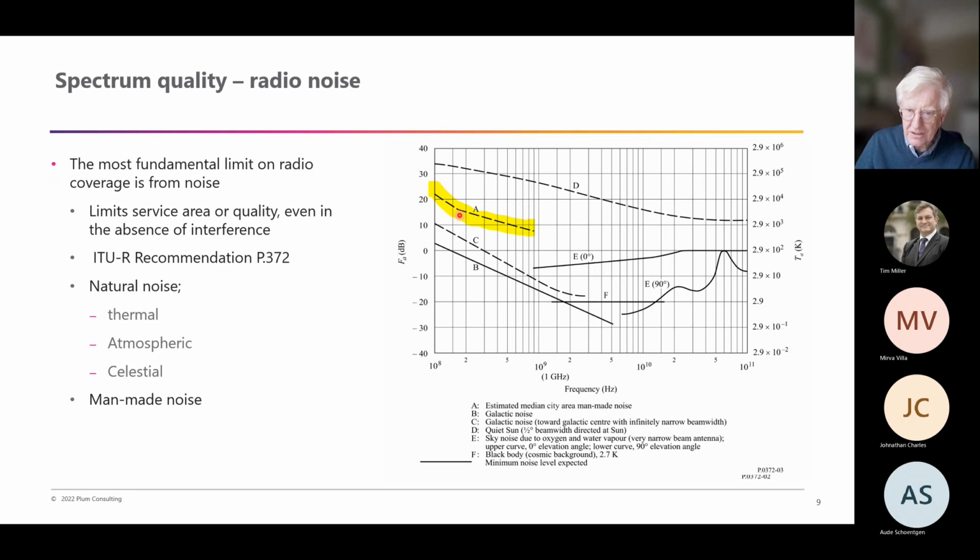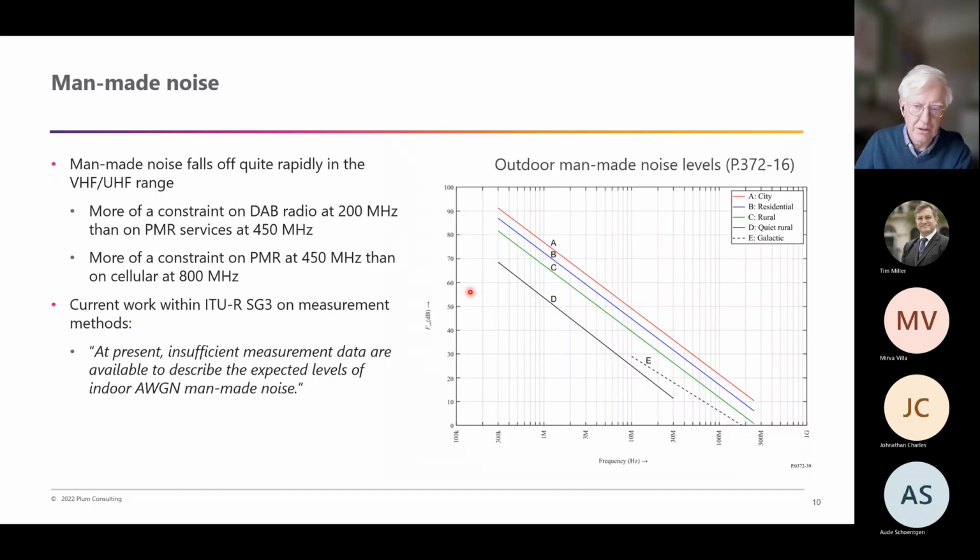But unfortunately, this graph peters out just below about a gigahertz. And there's currently a great deal of work being done to understand the limits imposed by man-made noise on radio services.